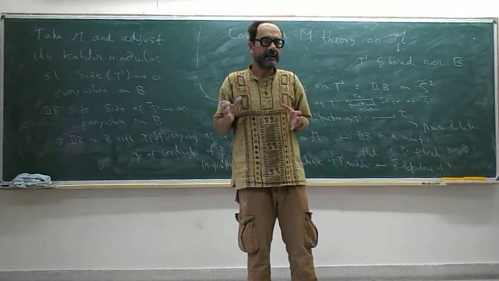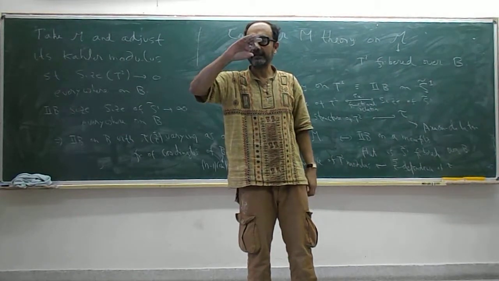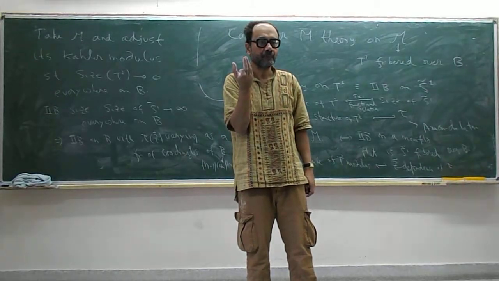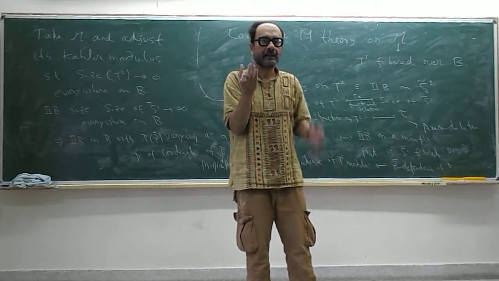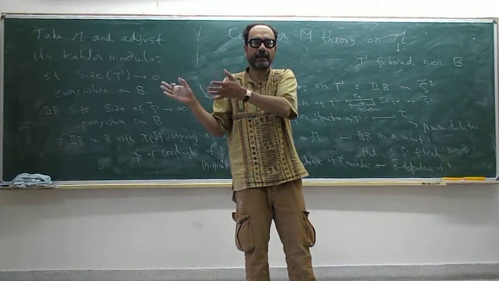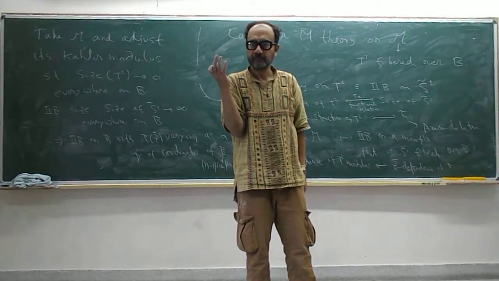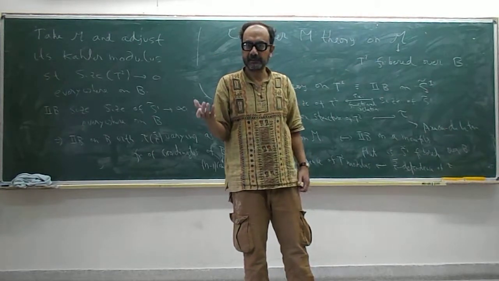Examine how the T2 modulus is varying as a function of the base manifold, and then simply consider type 2b compactification on the same base manifold, with tau varying exactly in the same way. That's the F theory compactification.